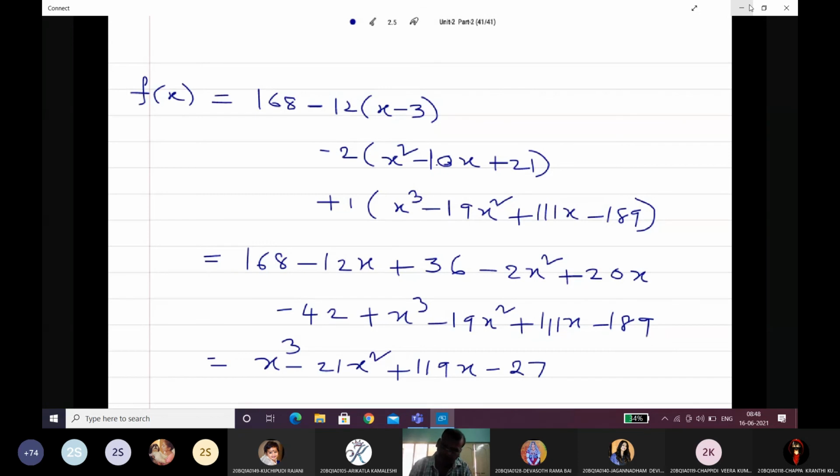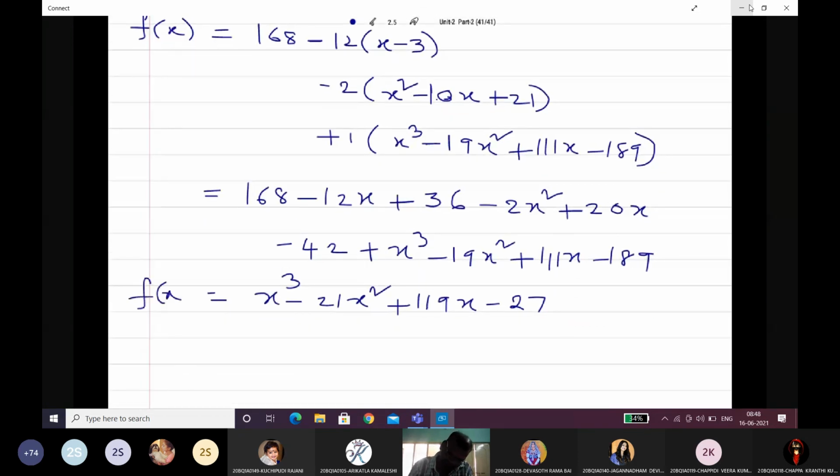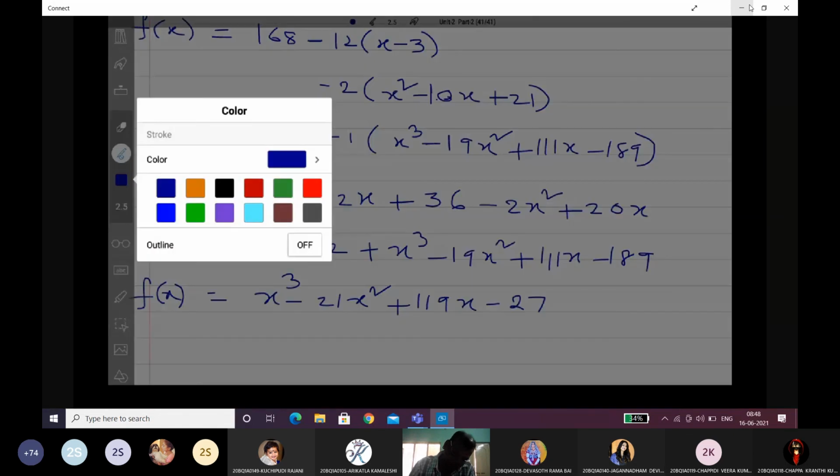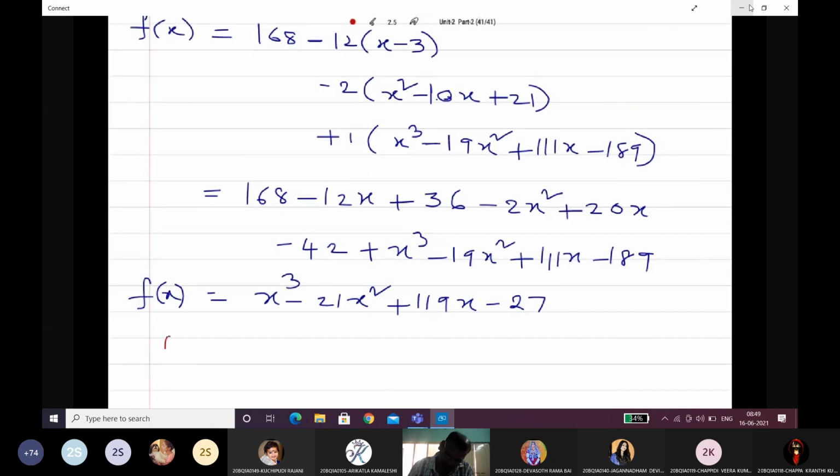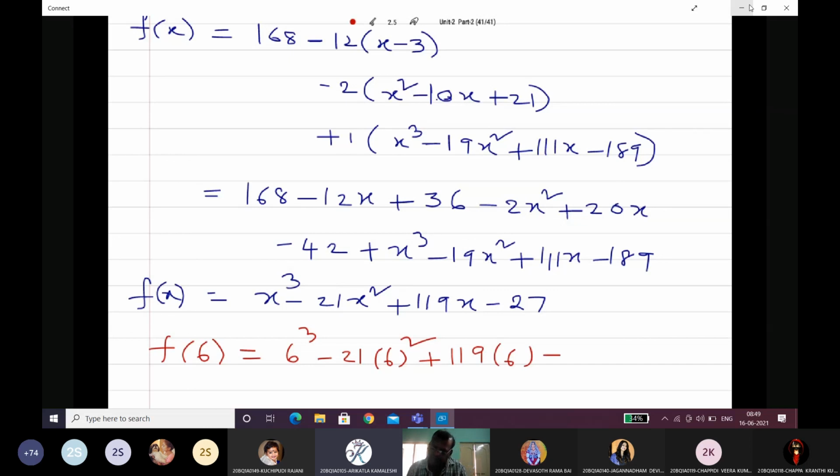Right? This is the polynomial f of x. Now again we have to find f of 6. f of 6 is equal to 6 cubed minus 21 into 6 square. Amma, the constant value came wrong, sir. Check once again. 168, here there are two minuses, this is minus and these are two pluses. Okay sir, correct. Is it fine now? Okay, minus 27.